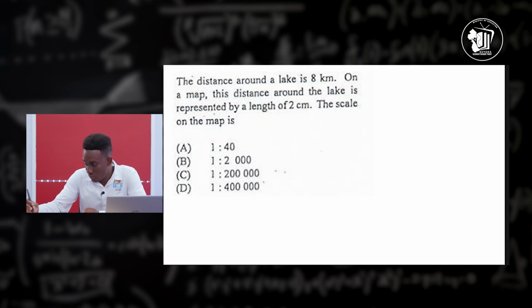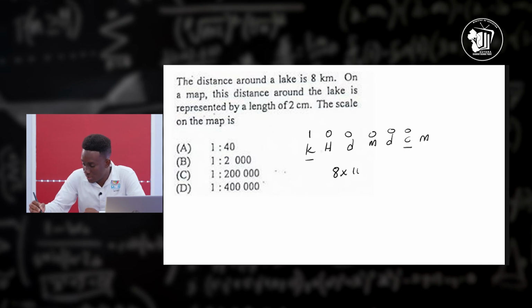So we know the mnemonic, many Chinese dance, many days Hong Kong. We want to convert from km and we want to go to cm. So we put a 1 over the km and we put 0s until we reach cm. So it will be 8 multiplied by 100,000.